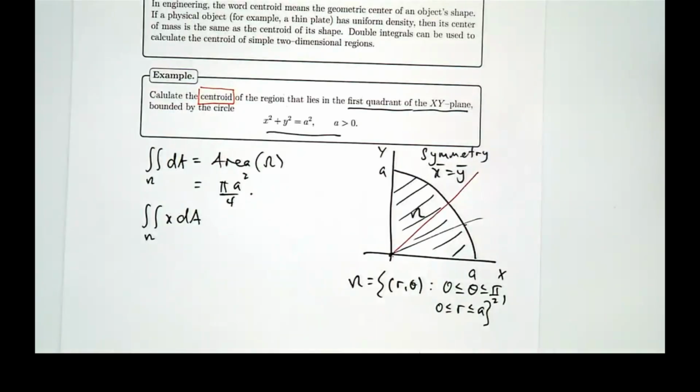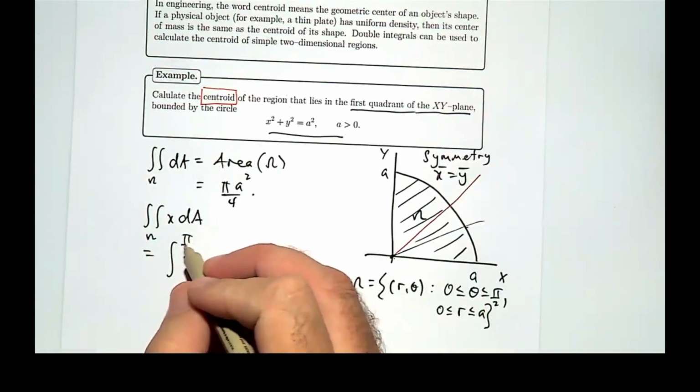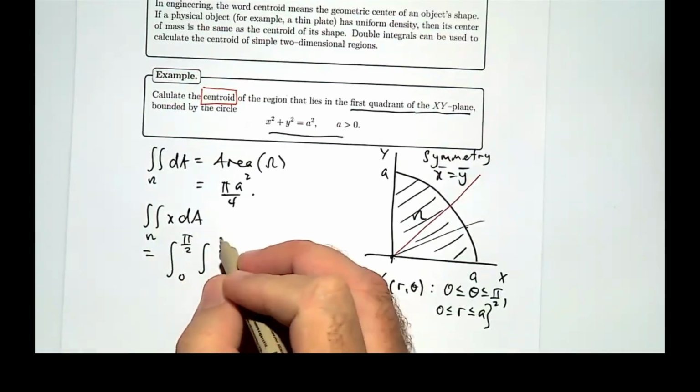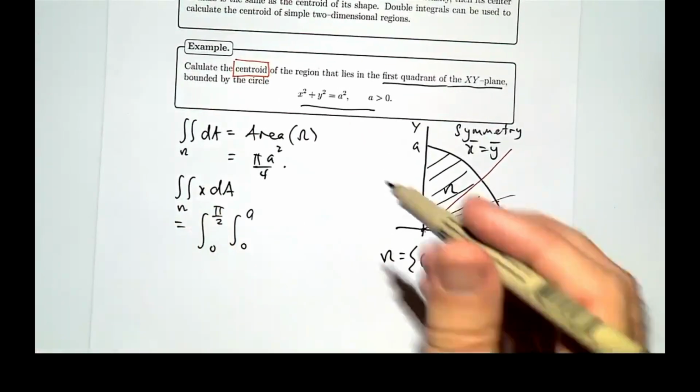Okay? So let's do it. So I'm going to replace x with r cos theta, right?